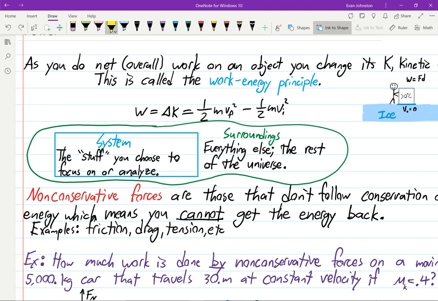It's as simple as that. It could be a cup, it could be a block, it could be something pushing against the spring, it could be the spring itself. But the system, you get to choose. And the surroundings is literally everything else. And in the extreme example, that really does mean the rest of the entire universe, which is kind of bizarre.